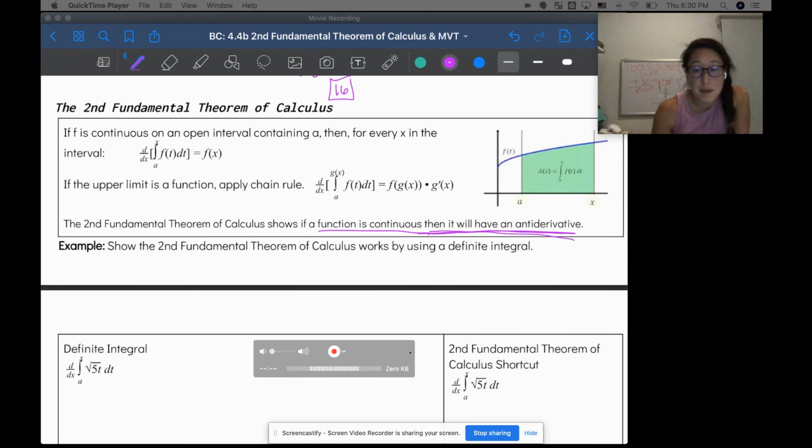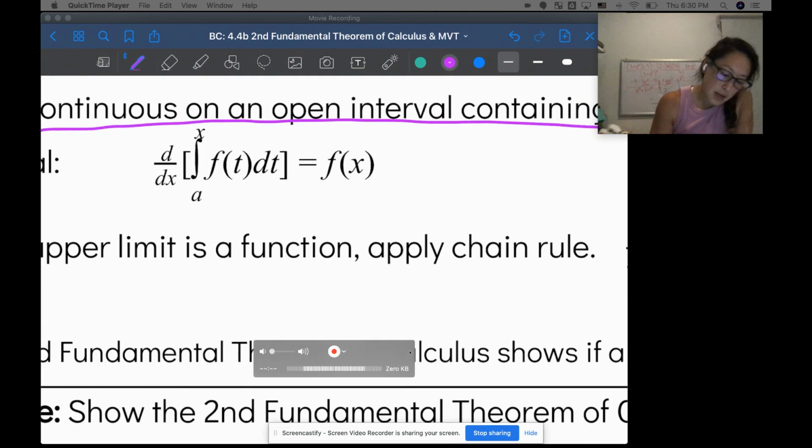It might be one weird, complicated antiderivative, but it exists. So we have a function that is continuous on an interval, and so what we know, this is crazy, is that the derivative of the integral from a to x of f of t dt is equal to f of x.